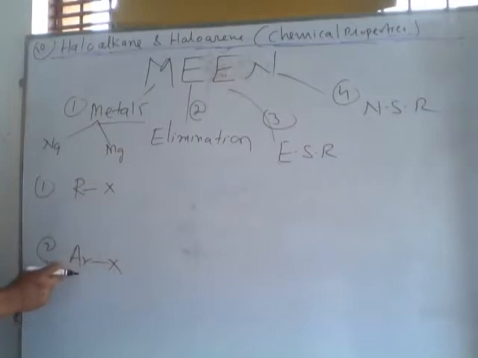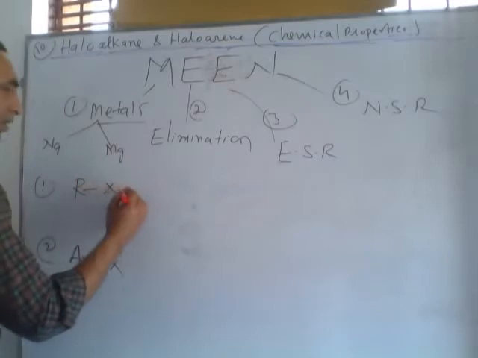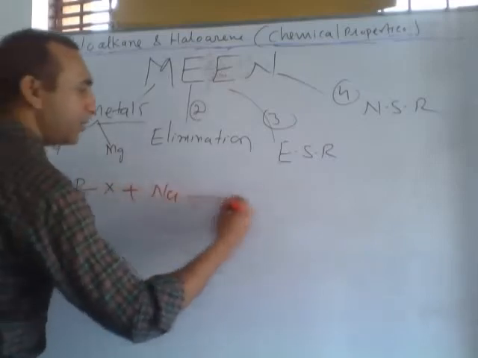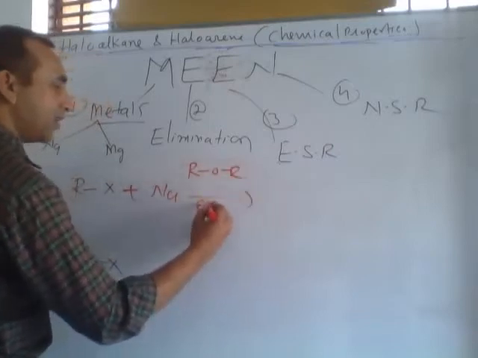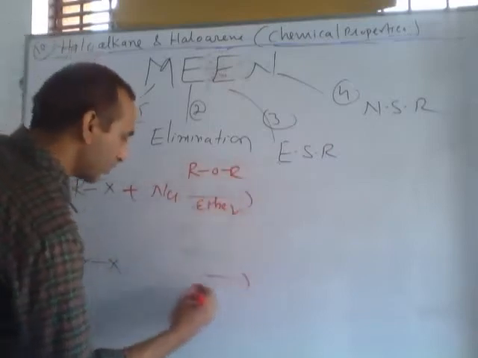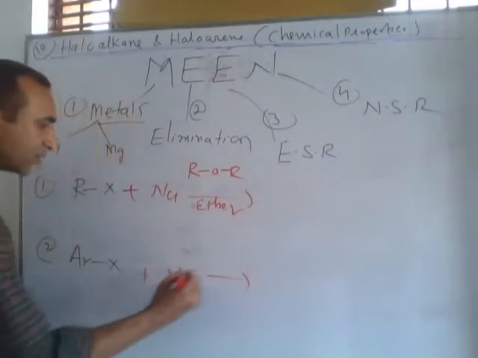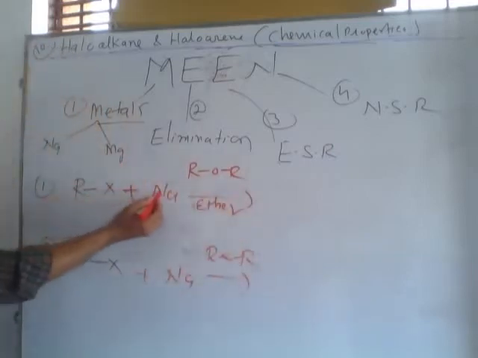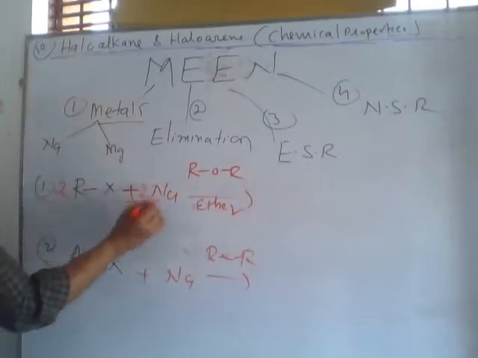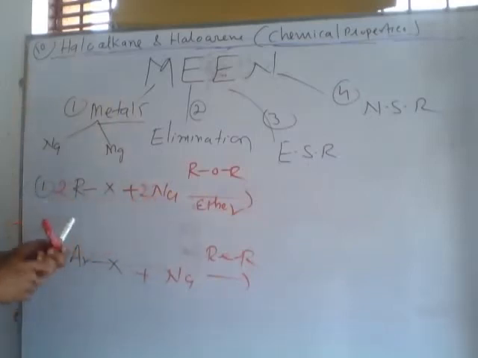This Ar means aromatic ring, benzene. When RX reacts with sodium in presence of dry ether, ROR, this is ether. In presence of ether, 2 molecules of RX react with 2 molecules of Na, sodium.